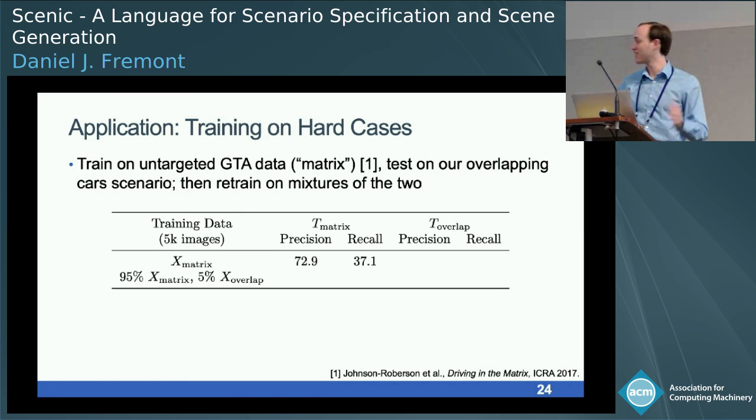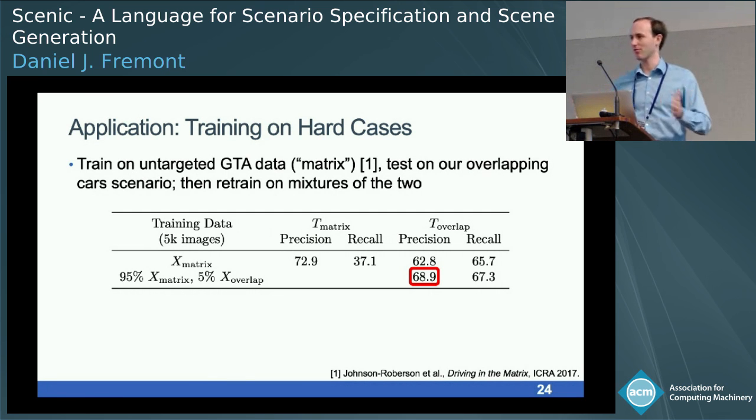If you train on that data, this X matrix data set, and test on the same kind of data, you get some numbers. The absolute values don't matter. The point is, if you test that network on our overlapping images, the precision is significantly worse because the network intuitively has trouble localizing this car, which is in the back. So then what we did is we trained a new model with the same amount of data, same amount of computation needed, but now we replaced 5% of the training set with our overlapping images.